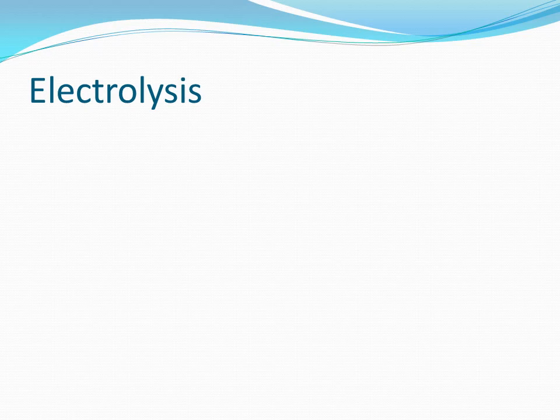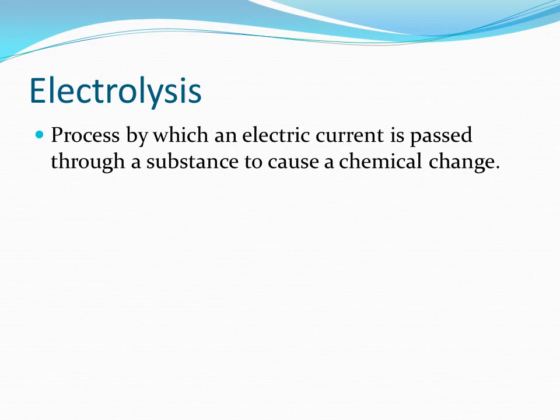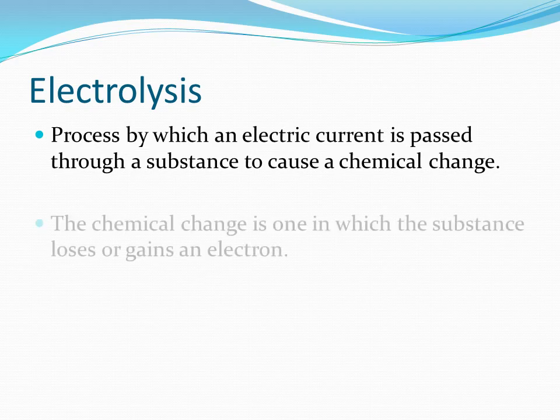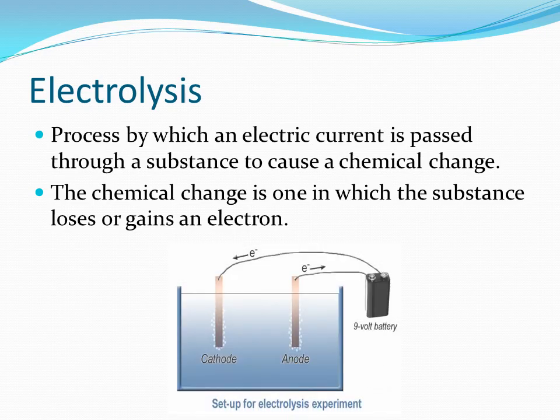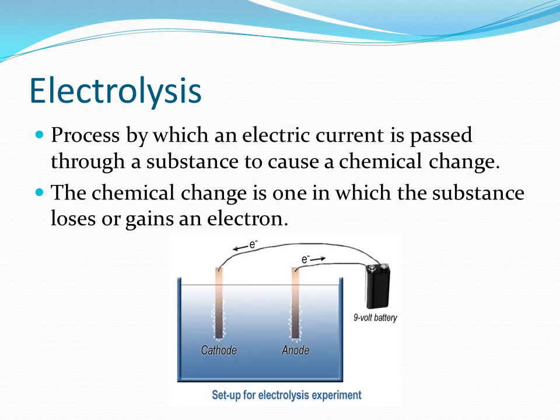Now we will talk about what we mean by electrolysis. The process by which an electric current is passed through a substance to cause a chemical change is called electrolysis. The chemical change is one in which the substance loses or gains an electron. That means either it loses the electron or it gains the electron. Just see here, we have a setup for an electrolysis experiment.